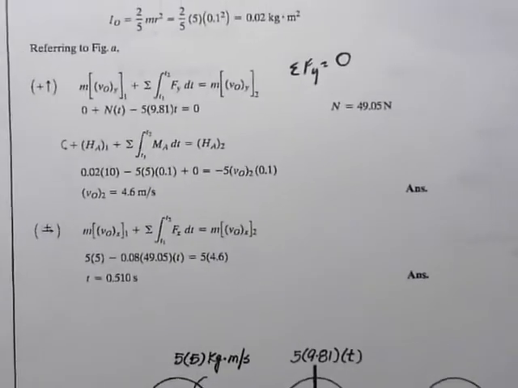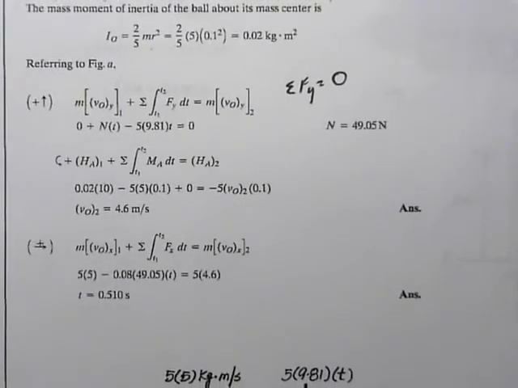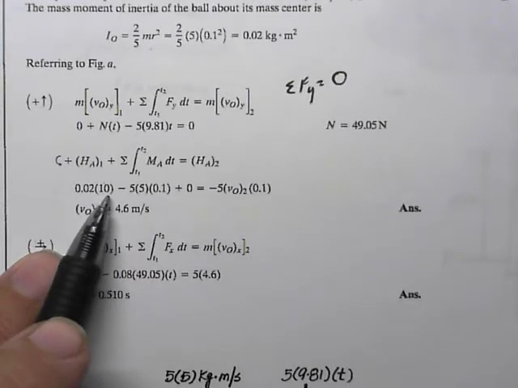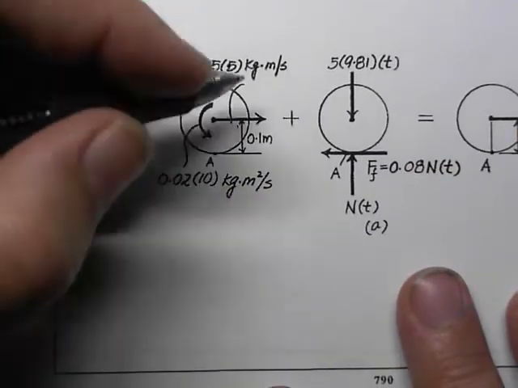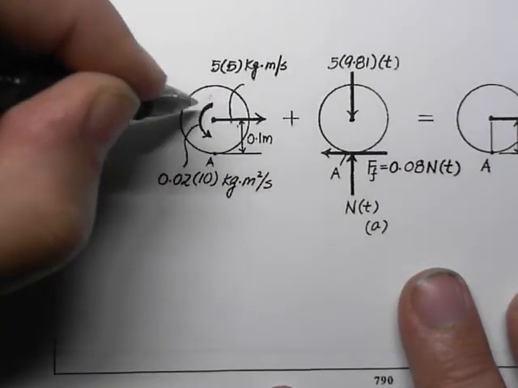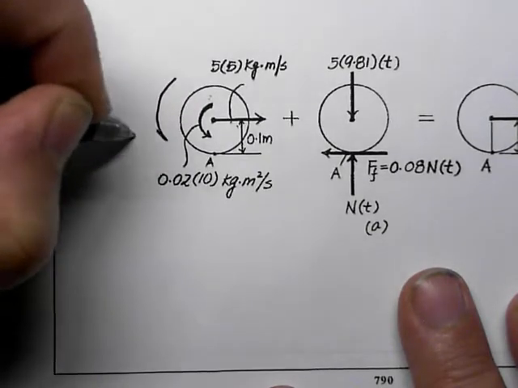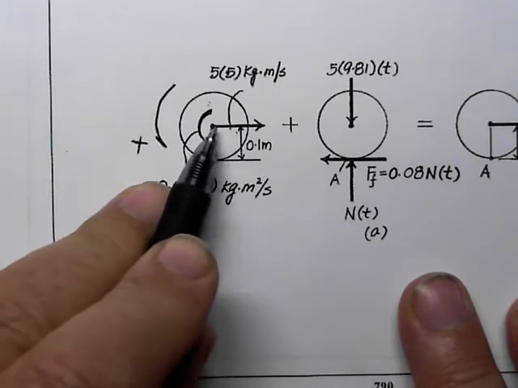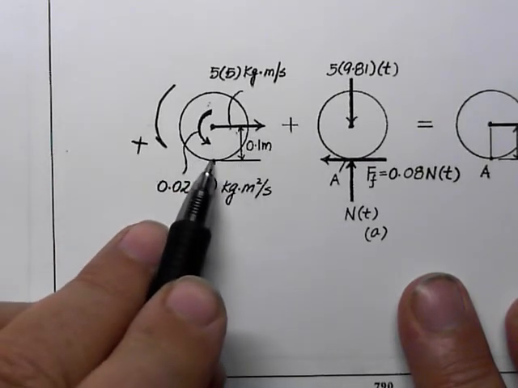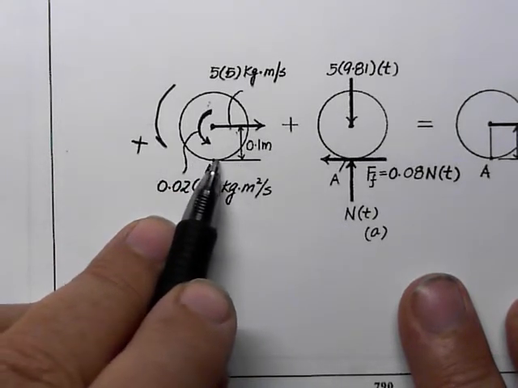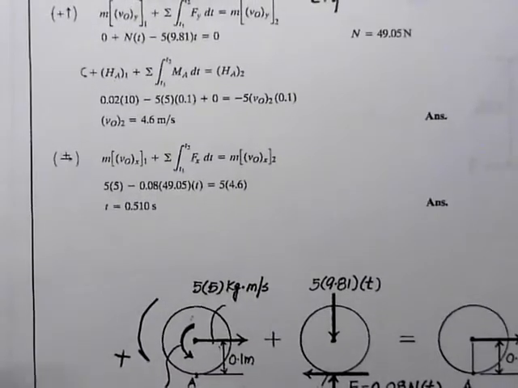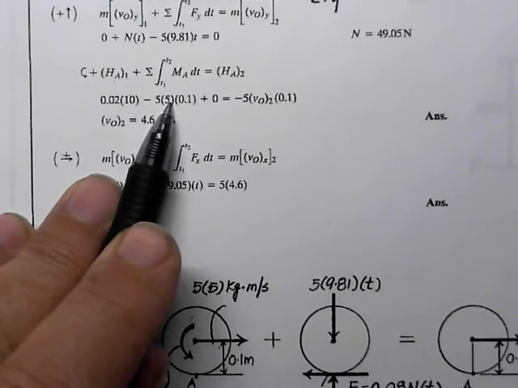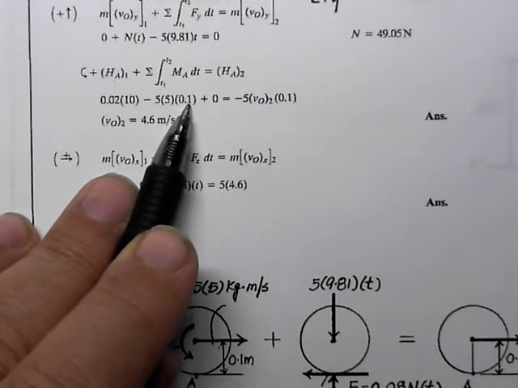And so our total angular momentum is I omega, and that would be in the backspin direction, and we're going to call that backspin direction positive. If that's the case, then the moment of this mv about point A is going to be a negative number. And so we're going to say minus mv times its moment arm.